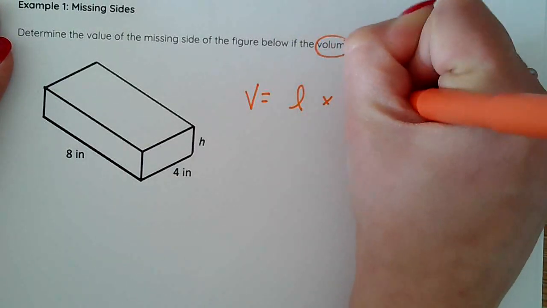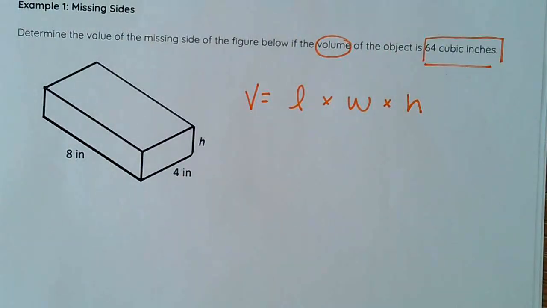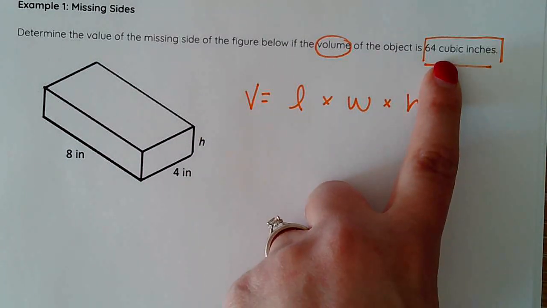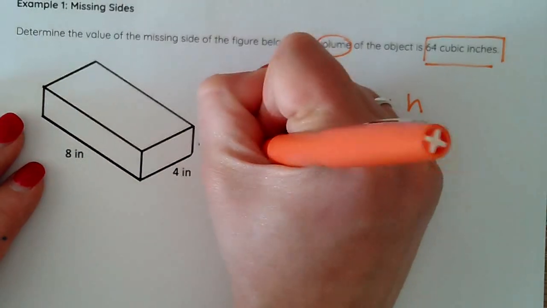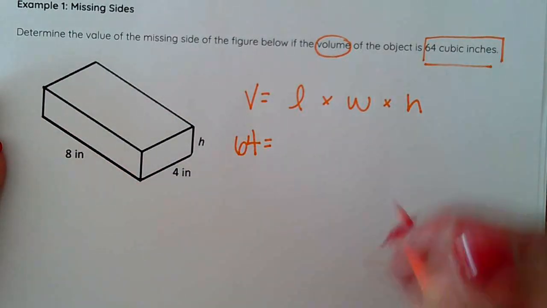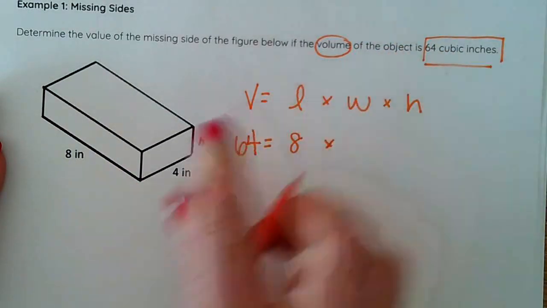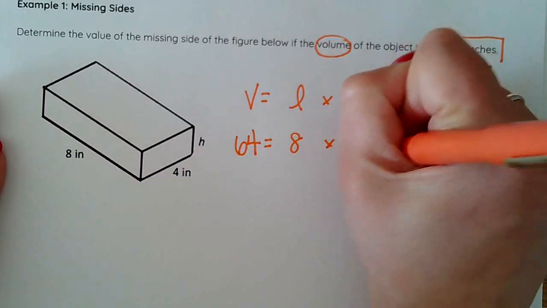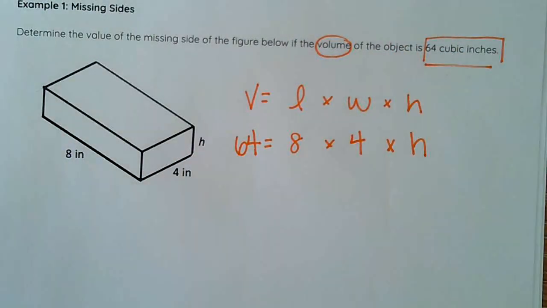Volume equals length times width times height. I already know my volume is 64 cubic inches, so I plug that in. Then I say, my length is 8, my width is 4, and my height right now is just H. I don't know.